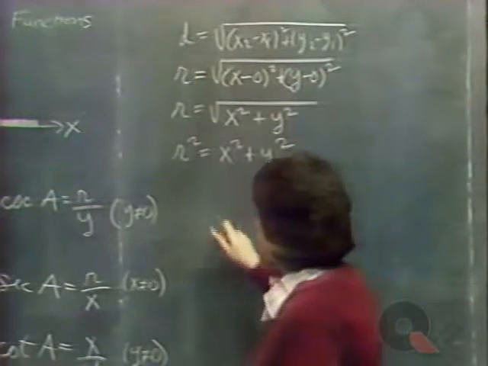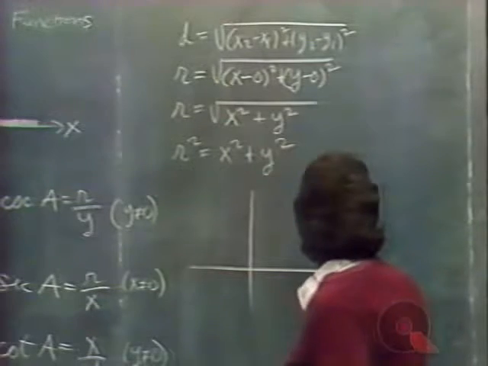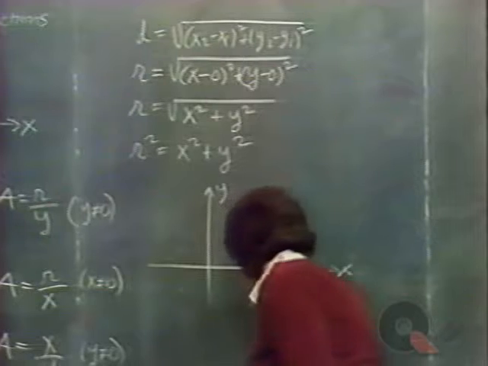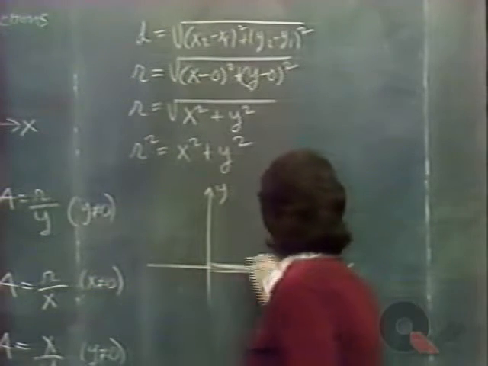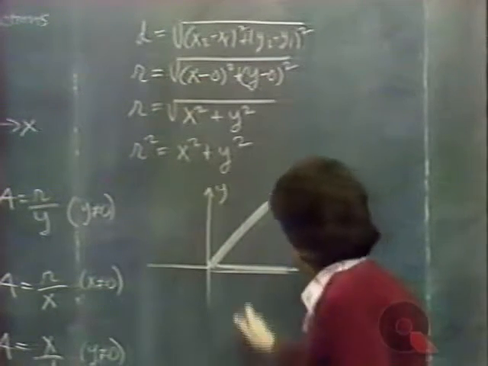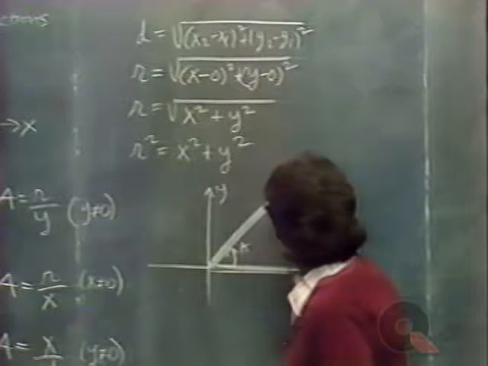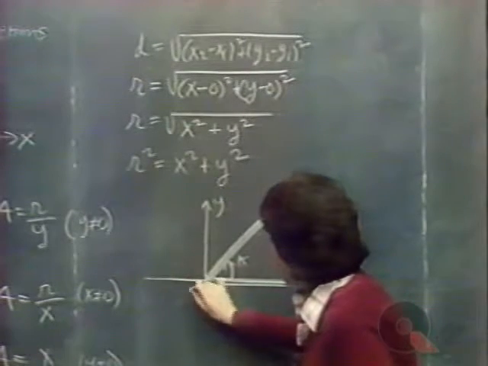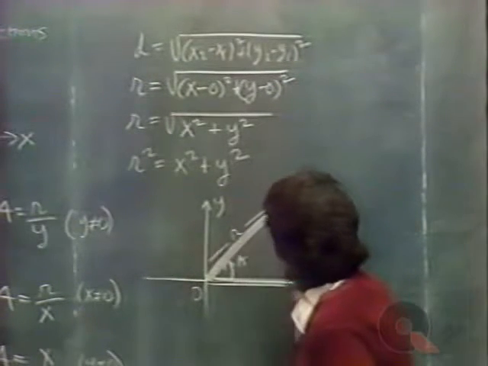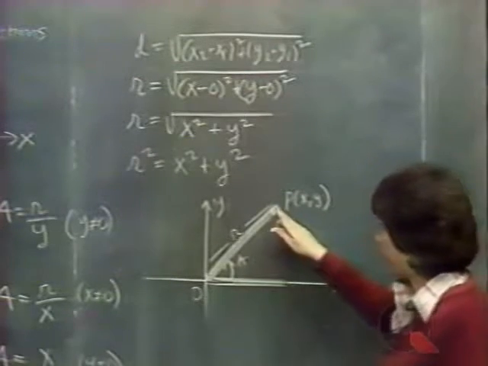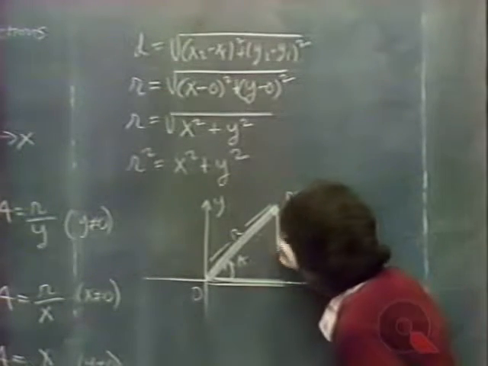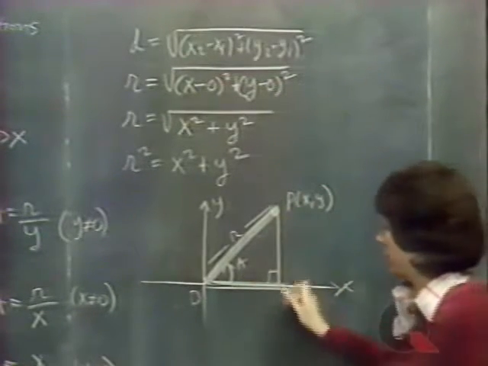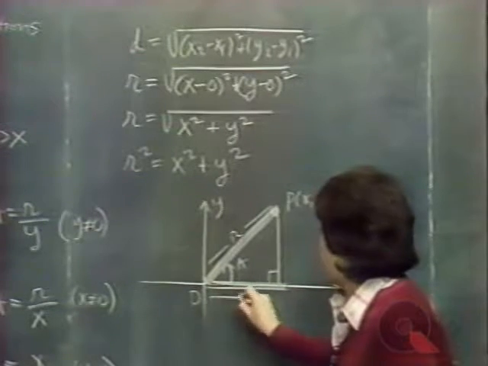Another way is to say, if our angle A had been in the first quadrant, so that we had a situation like this, and this is a point P with coordinates x, y, and r represents the distance between the origin and point P. If we were to drop a perpendicular from point P to the x-axis, we would form a right triangle, the legs of which would have lengths x and y.